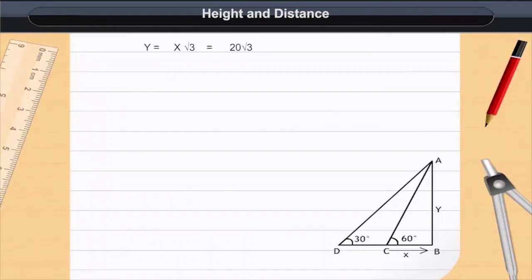Now, putting the value of x in equation 2, we get y is equal to x multiplied by square root 3, or 20 multiplied by square root 3. Hence, the height of the tree is equal to 20 square root 3 and the width of the river is equal to 20 meters.